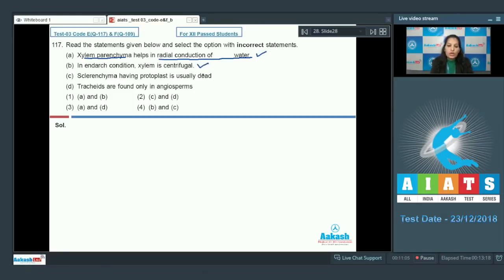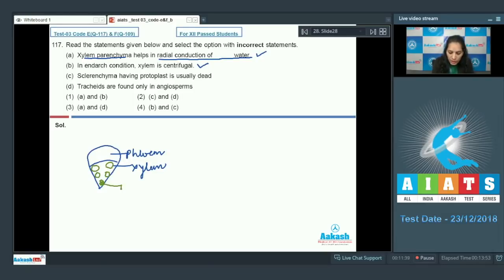This is also true. Before saying that it is true, you should know that in case of stem, you must have seen these kind of vascular bundles where here phloem is present and here xylem is present. And you always make the xylem like this. Why?